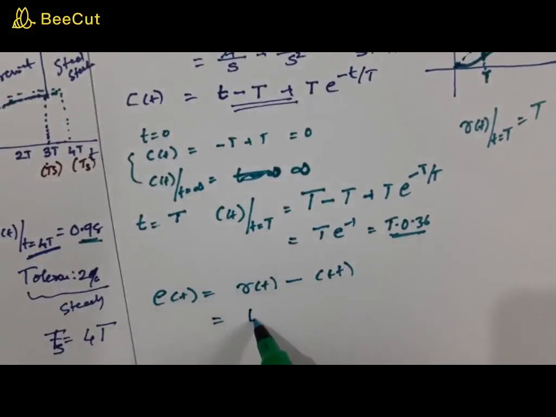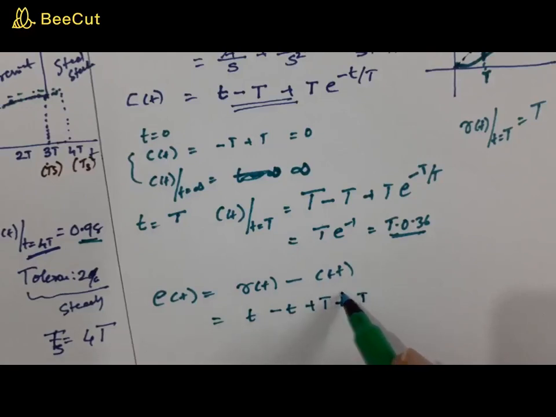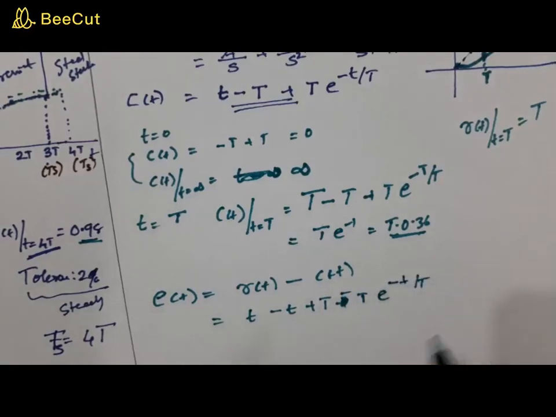So this is equal to t minus T plus T plus T into e raised to minus t by T, right? So what you get is t minus T into e raised to minus t by T, where the other T and T get cancelled.